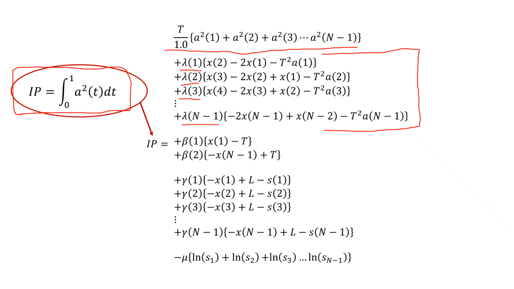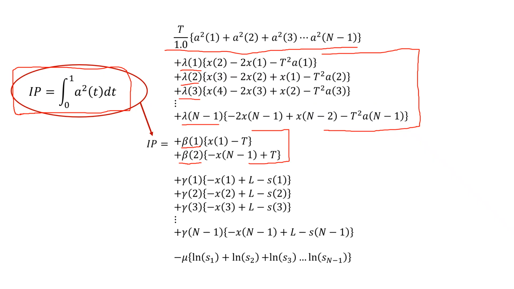Likewise, we can take a similar approach for the boundary conditions. We can solve those for 0 and multiply by Lagrange multipliers and add those terms to the rest of this equation. We also had equality conditions for the slack variables.